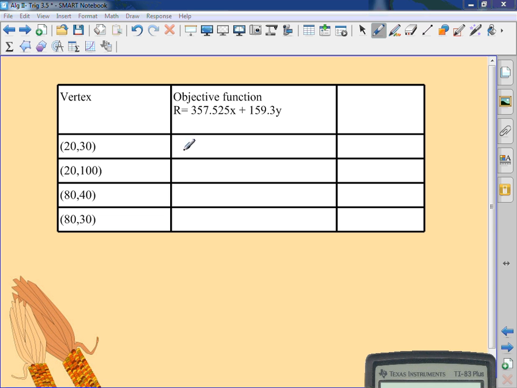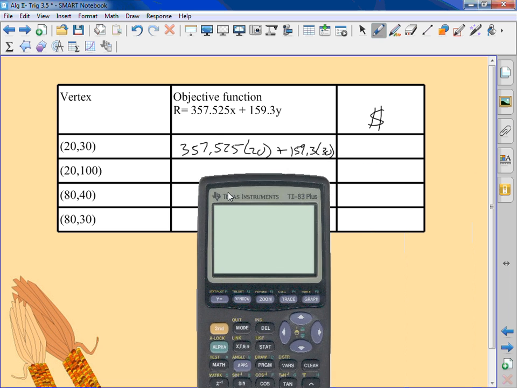So for here, I'm going to have 357.525 times 20 plus 159.3 times 30. And in this column, you're going to put how much money you made, or Farmer Smith made.